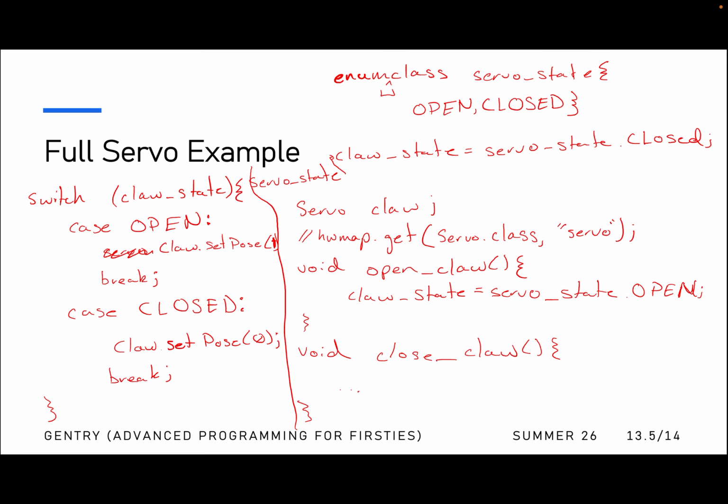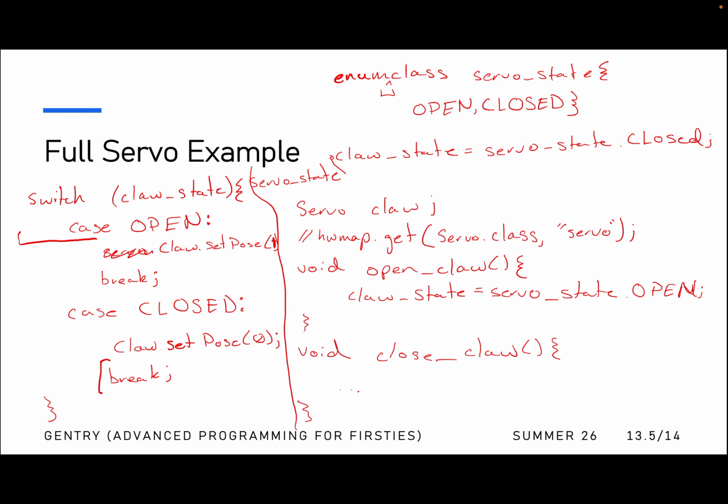Okay, so essentially what this switch case does is this is an if right here. It would be like an if clawState is equal to open, and then we would do this claw.setPosition. Essentially, that's all this does. It allows you to define each individual case and ensure that each case gets handled appropriately. This makes your code a lot more readable, and it honestly makes it nicer to edit because it's not just all over the place.